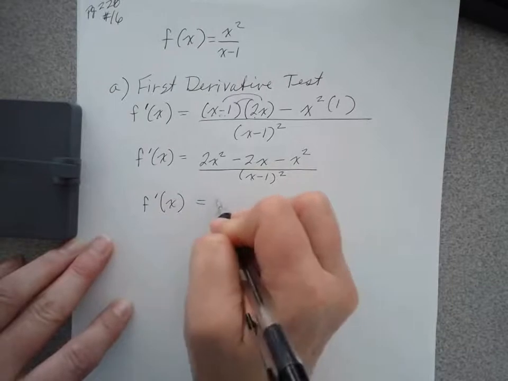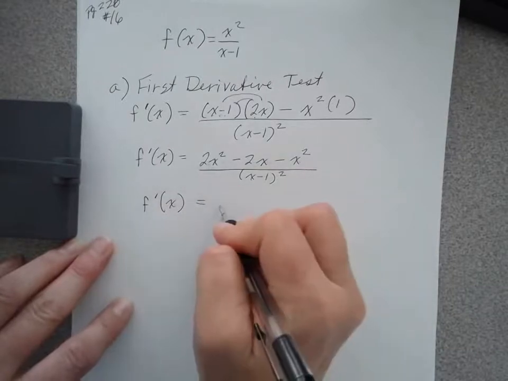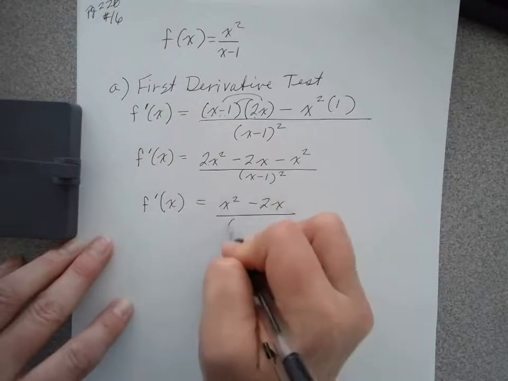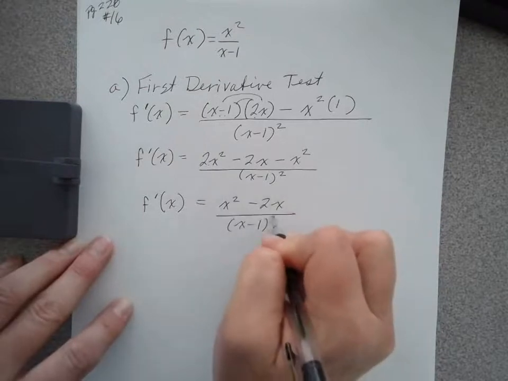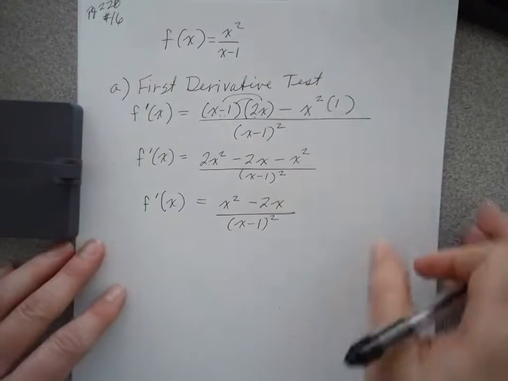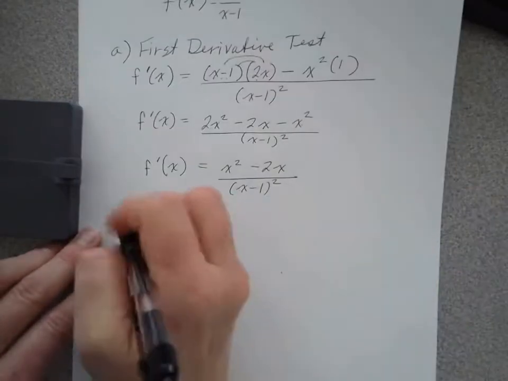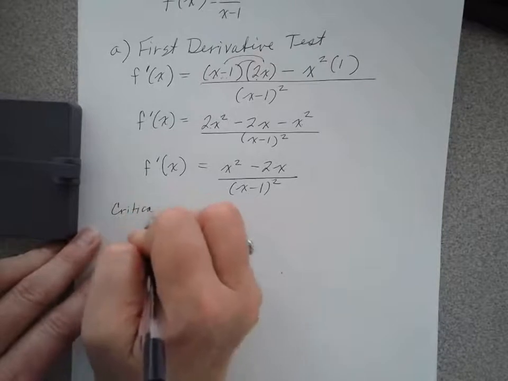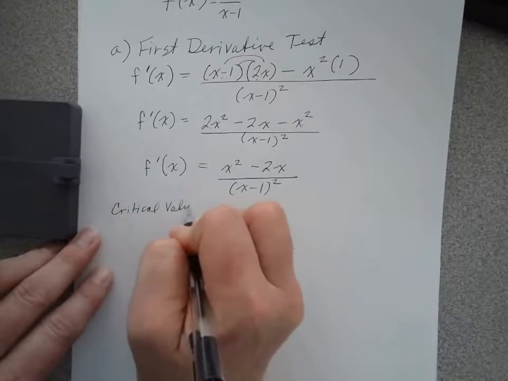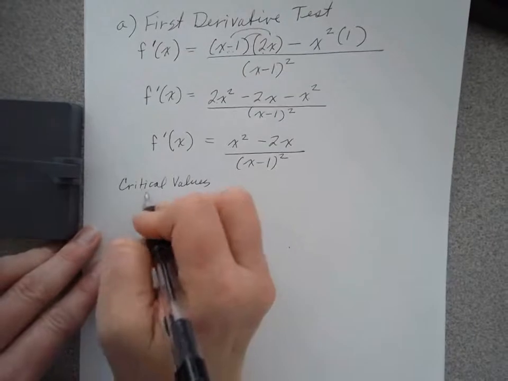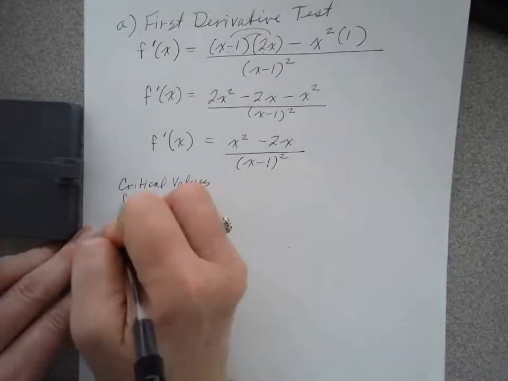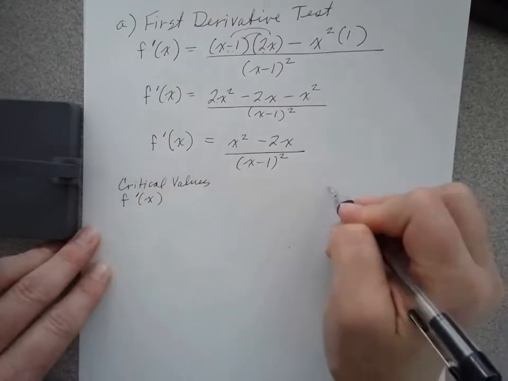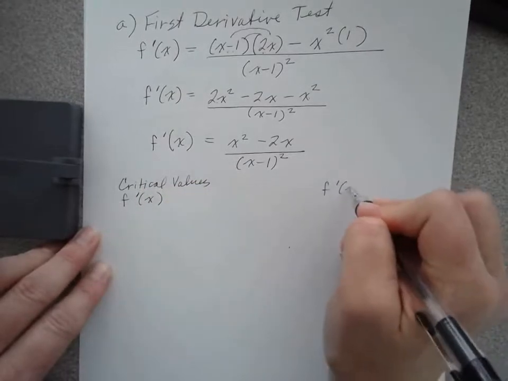So the first derivative, 2x squared minus x squared, is just x squared minus 2x all over x minus 1 squared. All right, so my critical points, my critical values are going to be wherever the first derivative is equal to 0 or where the first derivative does not exist.